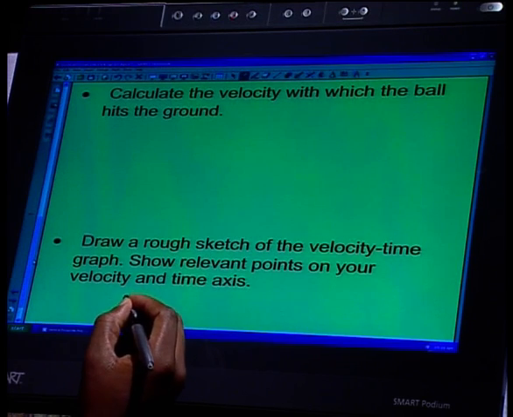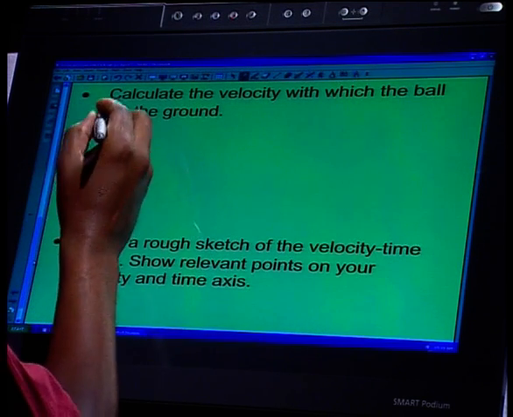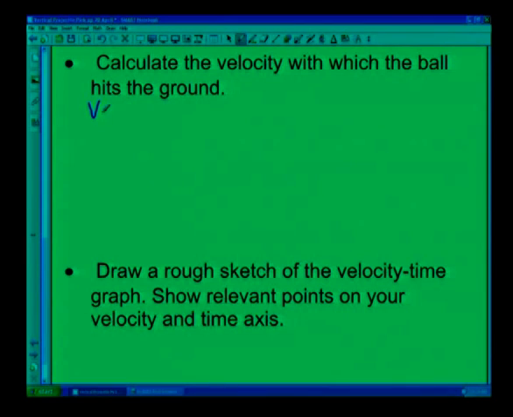Now the velocity with which the ball hits the ground, we can use this equation here, V final equals V initial plus G delta T. Okay, now V final is what we're looking for.